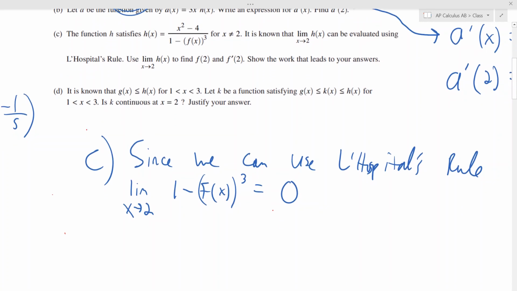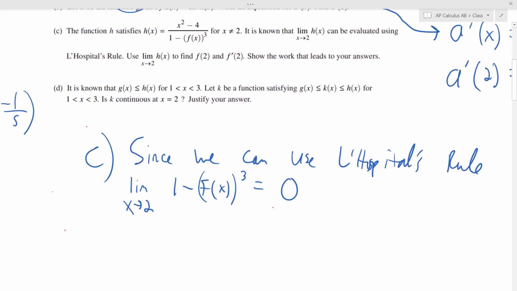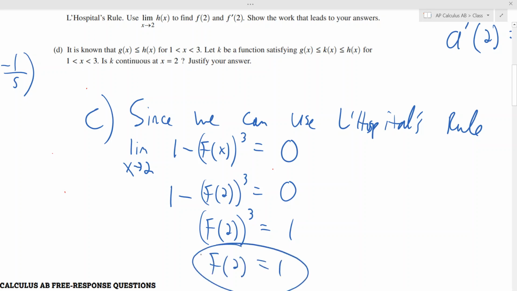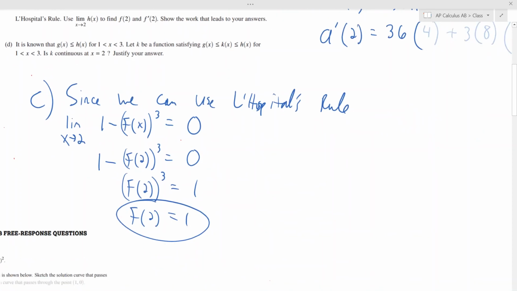So that limit has to be 0. All right? Which means that 1 minus, when you evaluate a limit, you just plug into the thing, right? That has to be 0. Which means f of 2 cubed had better be 1, which means f of 2 is just 1. That's the first part of the question. They say, hey, find f of 2. That's it. Okay, and that's all based on the fact that L'Hopital's rule can be used.